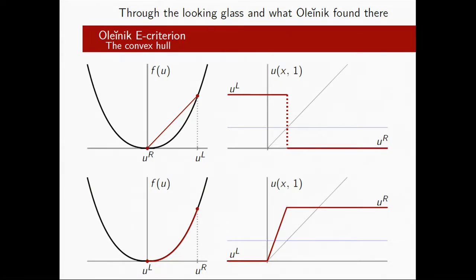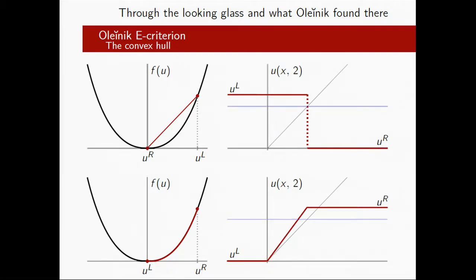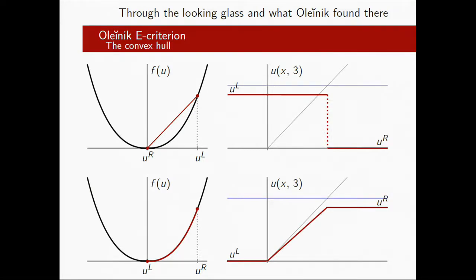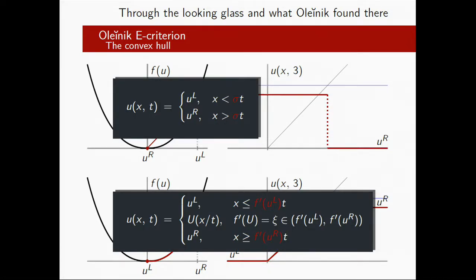Here is a line because I'm also setting the time here, so I can see the speed of the shock and how it is going to evolve, and here we have the rarefaction. A little bit more and a little bit more, and it's always going to have this self-similar wave. But what is interesting here is what is beneath. That is what really matters in the relations that we are seeing.